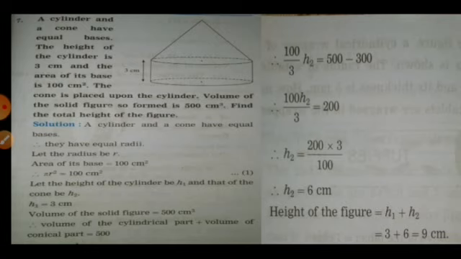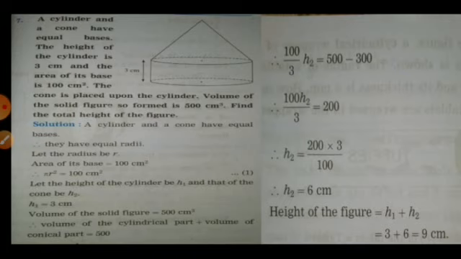It is also given that the area of the base is 100 centimeter square. Area of the base means your base is circular, so the area of the circle is given as 100, and the area of a circle is pi r square. It means the value of pi r square is given as 100.